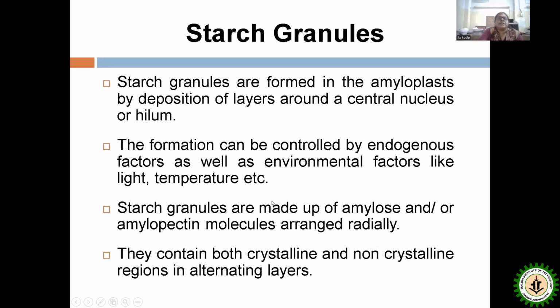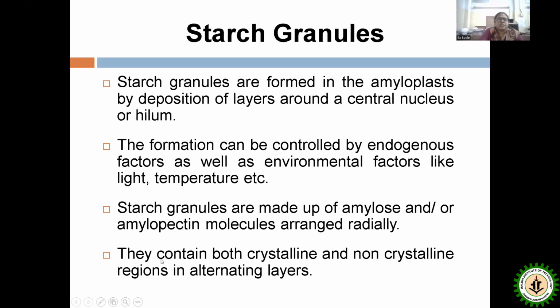Now, starch is present in the form of starch granules. These starch granules are formed in the amyloplasts by deposition of different layers around a central nucleus called hilum. Now, the formation of the layers can be controlled by both endogenous factors as well as environmental factors like light, temperature, etc. The starch granules are made up of both amylose and amylopectin molecules, which are arranged in radial direction and alternate layers.